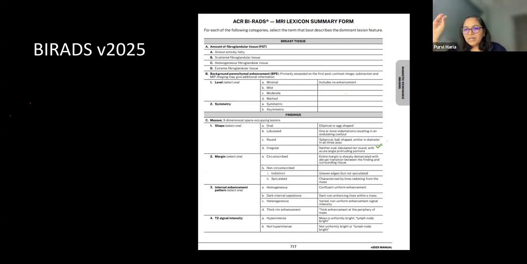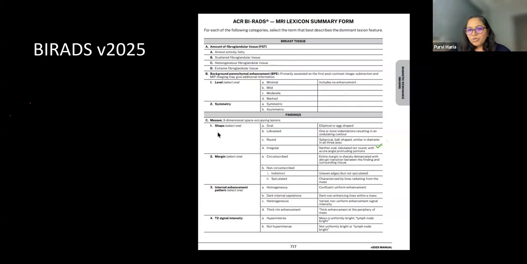Sometimes we can confuse an asymmetrical background parenchymal enhancement with non-mass enhancement, and we ask for biopsy, and it can turn out to be benign breast tissue, because it was probably an asymmetric BPE which we thought was a non-mass enhancement. So that was about breast composition when we talk about the lexicon.